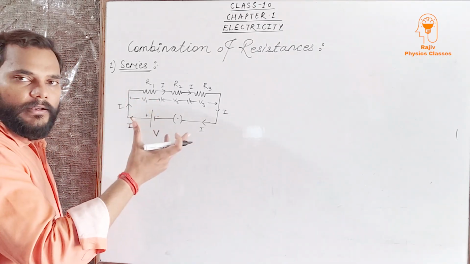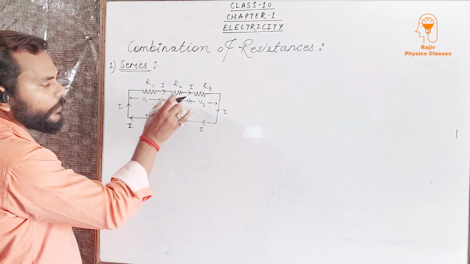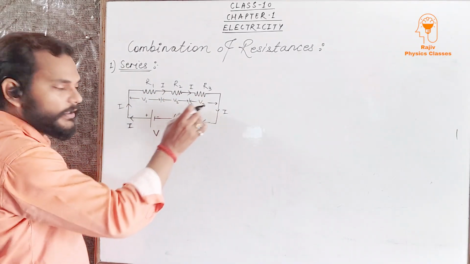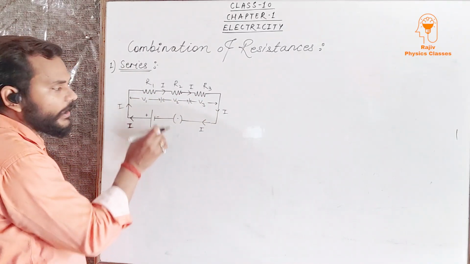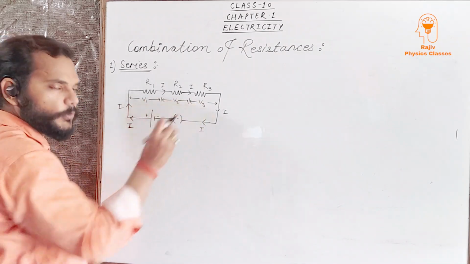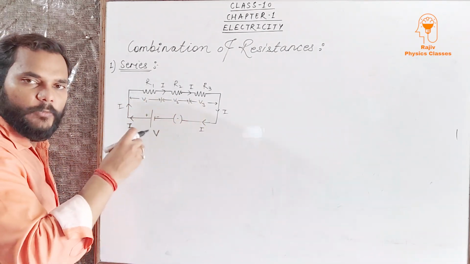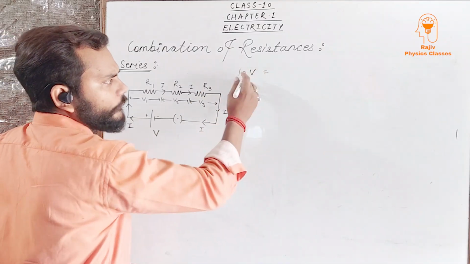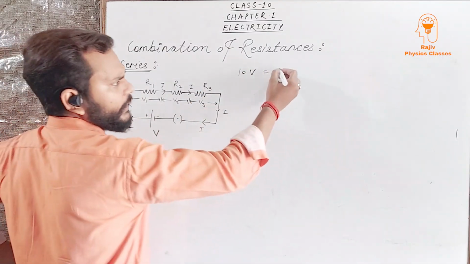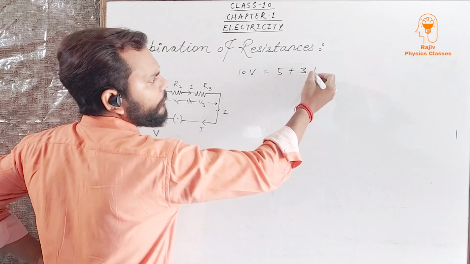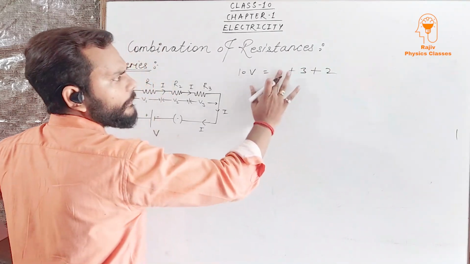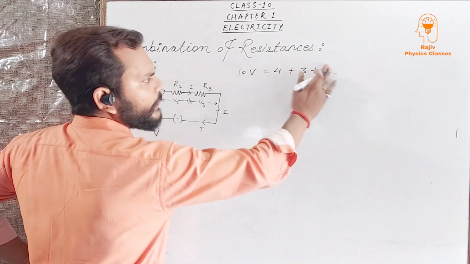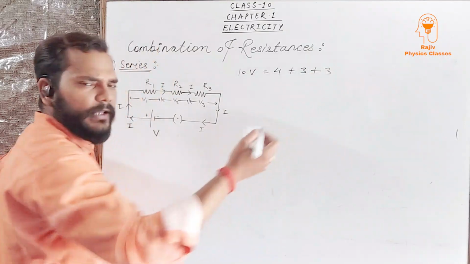We all know that if I connect a number of resistances in series, then the total voltage across the individual resistances will split up. For example, suppose I have 10 volt, so this 10 volt will divide into 3 parts. It may be 5 plus 3 plus 2, it may be 4 plus 3 plus 3, like this.